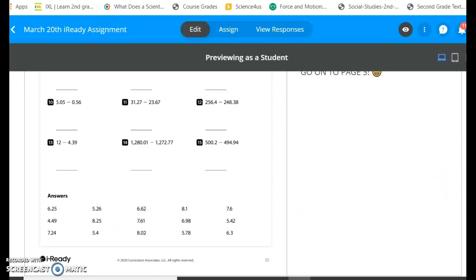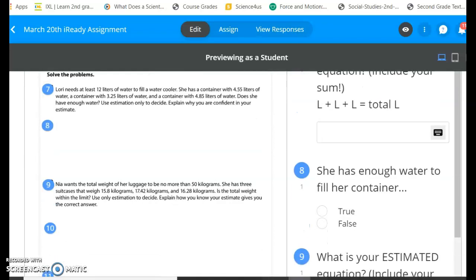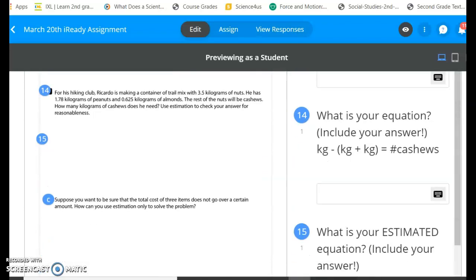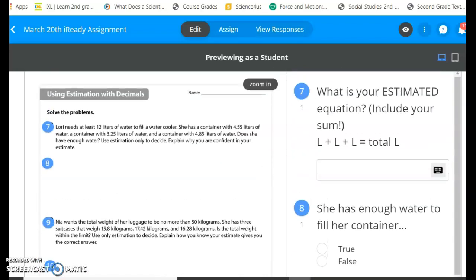All right, let's go down now and look at your estimation. So I think she's got all the estimation ones covered, so I can't really work one out for you, but I can sort of guide you in the right direction. So Lori needs at least 12 liters of water to fill a water cooler.